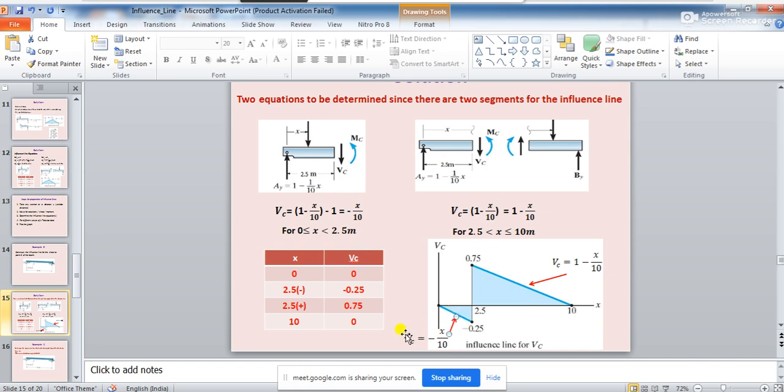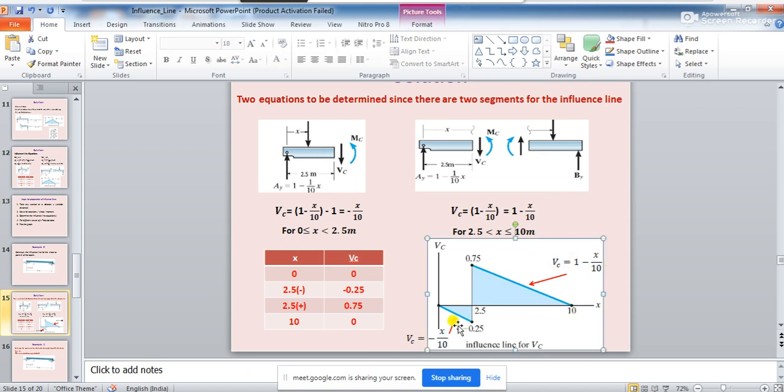If you see the arrow, this straight line has the equation Vc equal to minus x by 10, which we get for x from 0 to 2.5. That means 2.5 is just left of C, and from just right of C we are going to have the equation Vc equal to 1 minus x by 10. Both equations are equations of a straight line.